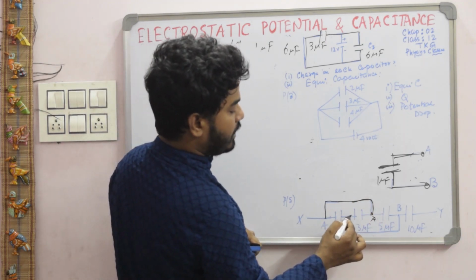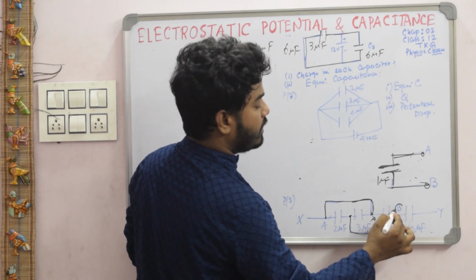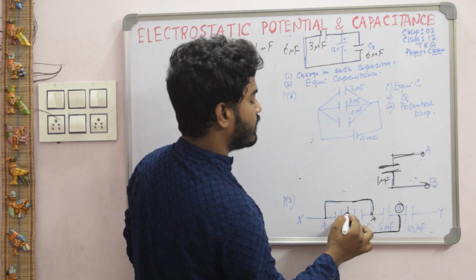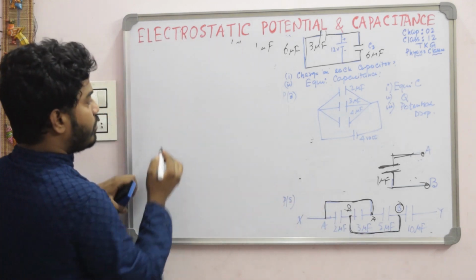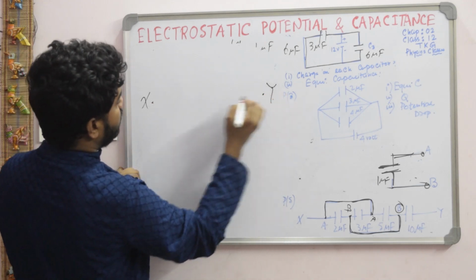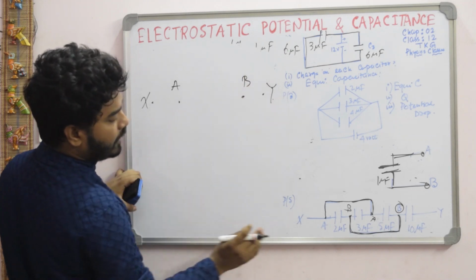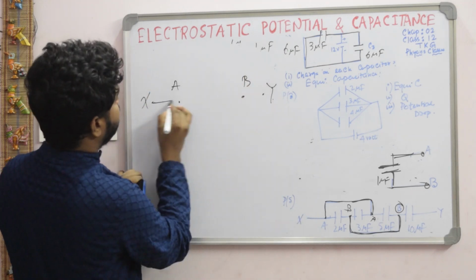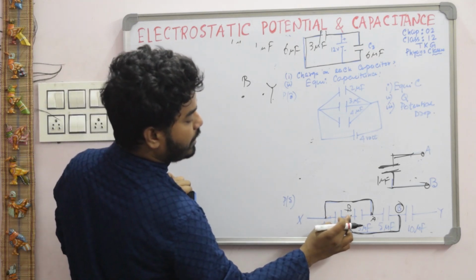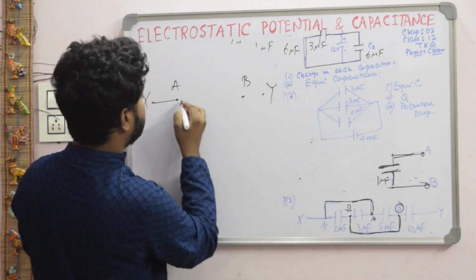And from this point a wire is connected to here, and this point is B, and this is just a wire connected at this point, so we can say this point is B. Now simplify: this point is X, this point is Y, suppose this point is A and this point is B. Now X to A. Now A to B, there is a capacitor of 2 microfarad, right?